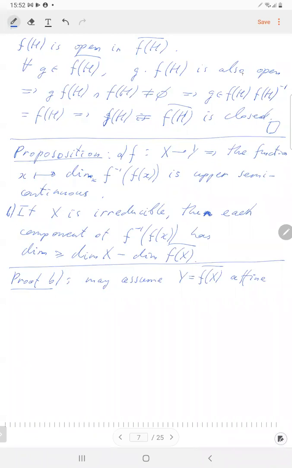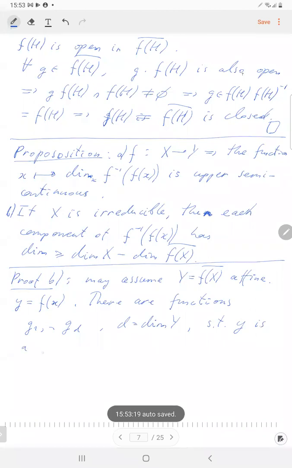Then you take a point, let's say y is f of x, and there are functions on Y, g1 and so on, gd, where d is the dimension of Y, such that this point y is an irreducible or connected component of the zero set g1 equals so on equals gd equals 0.